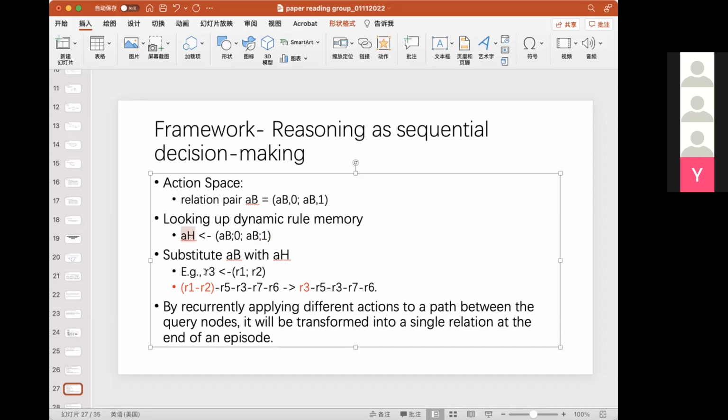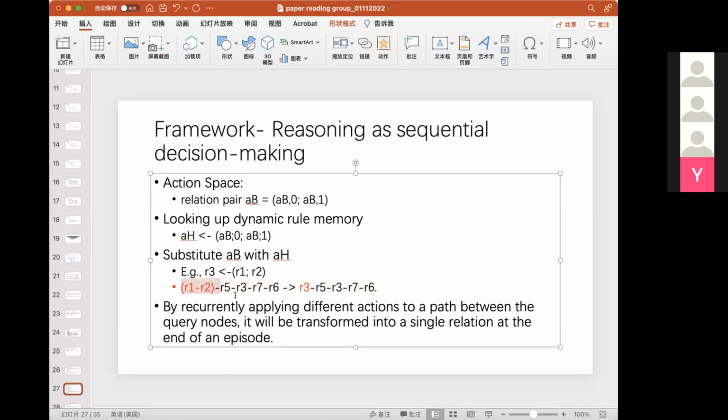For example, if the policy value network chooses R1 and R2 as the action, then by searching over the dynamic rule memory model, we know that the corresponding rule head is R3. So we will replace the relation pair R1, R2 in all sampled rule paths.